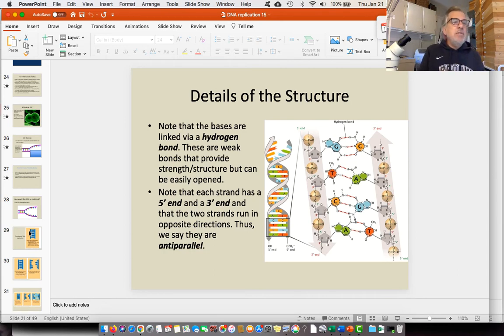So whenever cell division has to happen, each daughter cell, and that's the terminology we use, daughter cell, needs to have a complete copy of the DNA. That's the reason for replication. So how does DNA replication work?